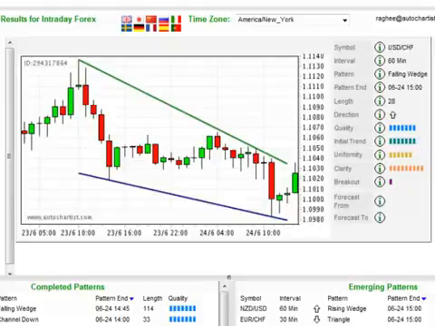Here's the dollar Swissy, the US dollar Swiss franc, falling wedge on a 60-minute time frame. Notice the initial trend reading here. At what is an 8 bar initial trend reading, this is certainly a trend, but it's not a maximum trend.